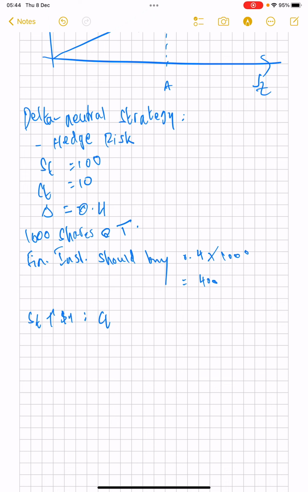Option price will go up by $0.4, and if I have 1,000 shares, it gives me a gain of $400 in stock position.